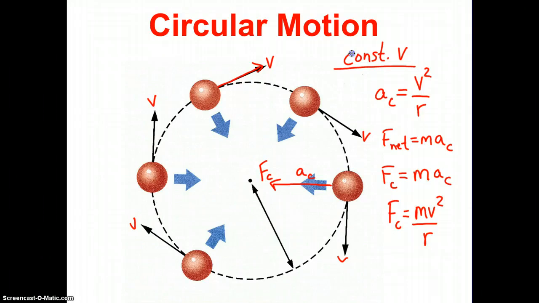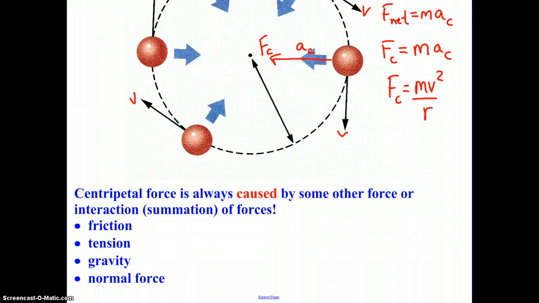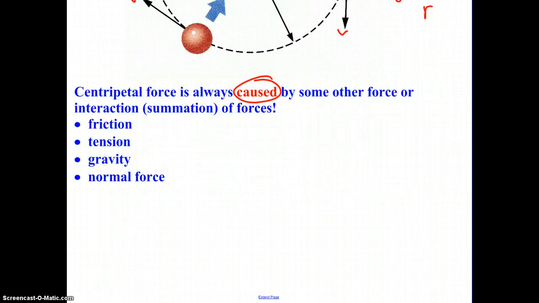All right, we're going to move on here to one very, very important point, and that is that centripetal force is always caused by some other force or interaction, or summation of forces. Forces that can cause centripetal force include friction, specifically static friction, and tension in strings or ropes or cables.